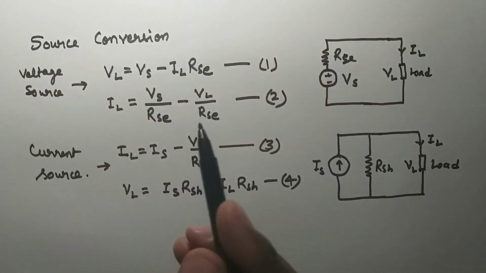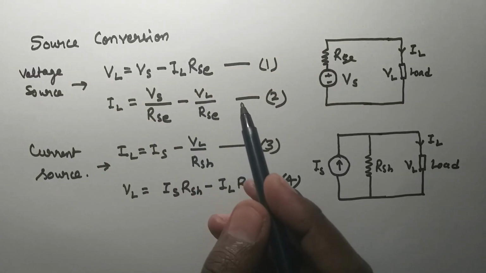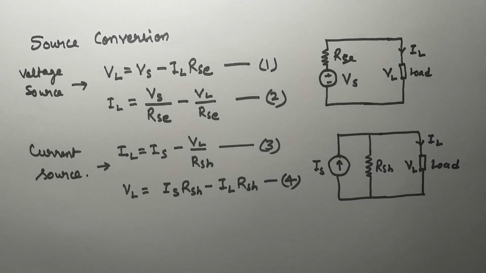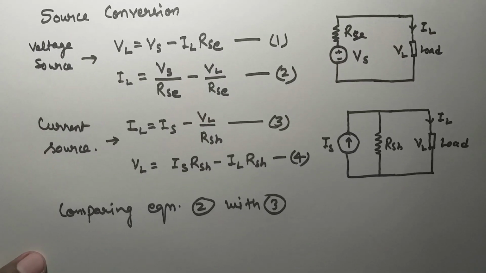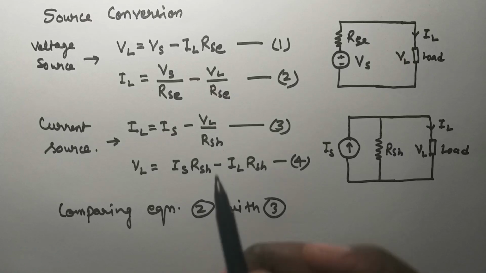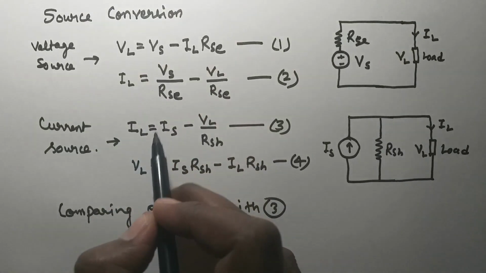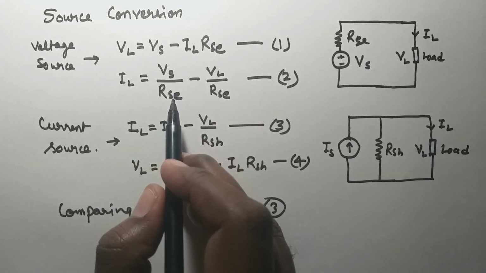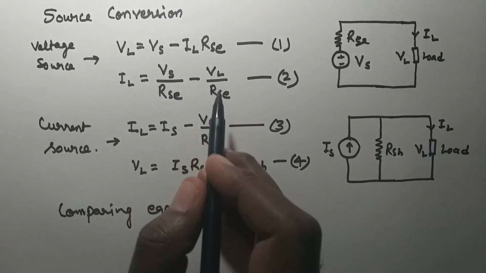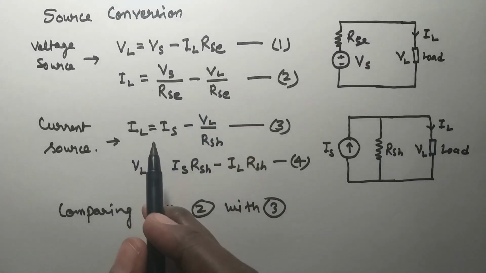So if we compare equation 2 with 3, then here it is written as IL is equal to Vs upon Rse minus VL upon Rse.